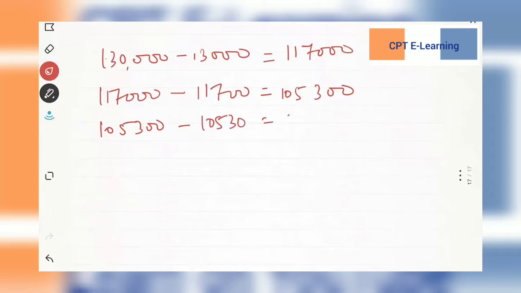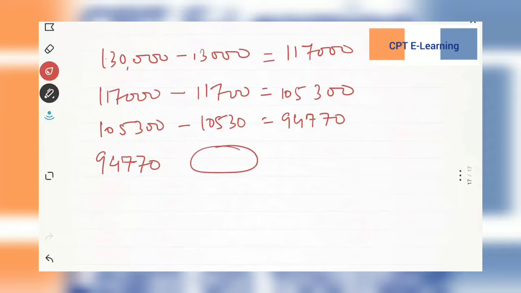That will give me 94,770. Now the fourth year, the opening balance is 94,770, and this is what I have to find out, the depreciation of the fourth year. What will it be? 9,477 as 10% of this, correct? So this is how we can calculate.